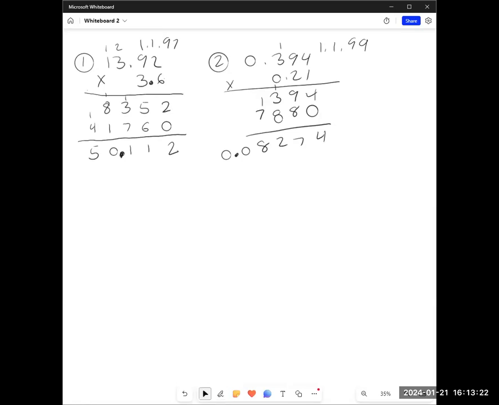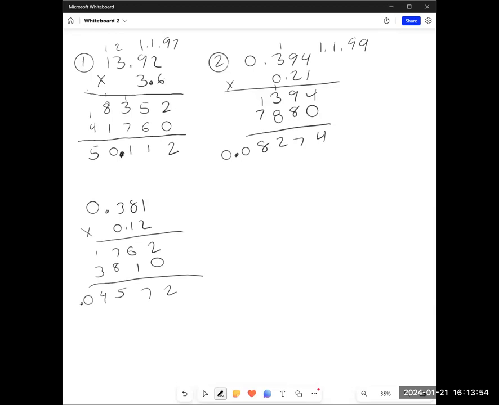Now we want to multiply. Very similar problem here. 16, 7, and 0, 1, 8, 3, 2, 7, 15, 4, 3, 4, 5.